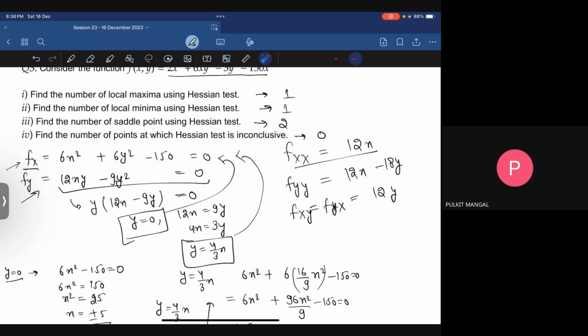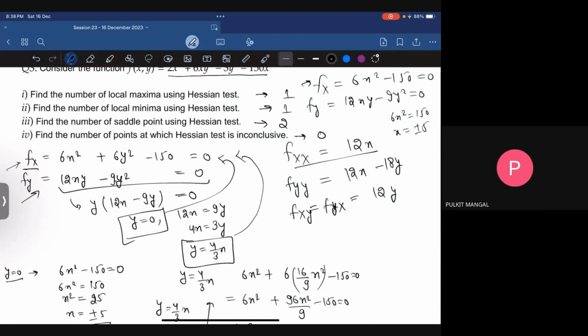Now sometimes it may happen that the two equations are not related to each other. Let's say my fx here comes out to be 6x square minus 150 equal to 0, and fy is 12xy minus 9y square equal to 0. The first equation is only about x; it does not contain any y. So if you solve the first equation, 6x square equal to 150, you will get x equal to positive or negative 5.